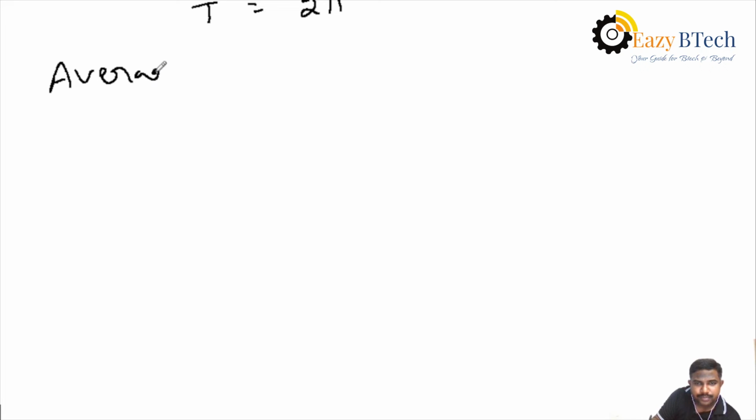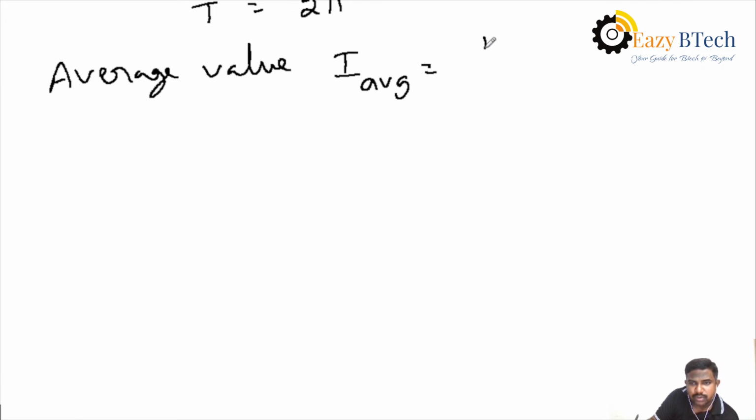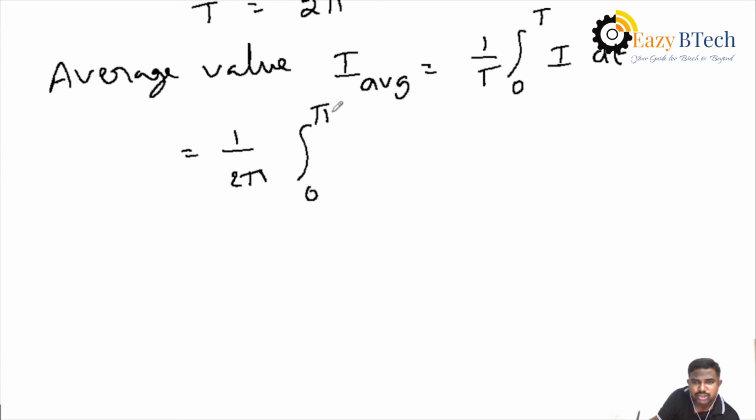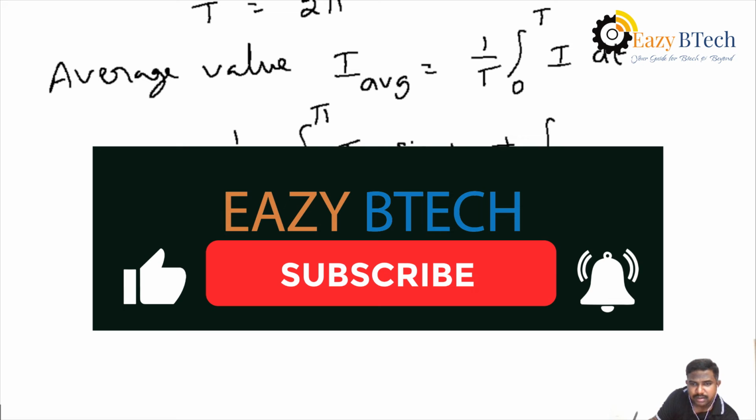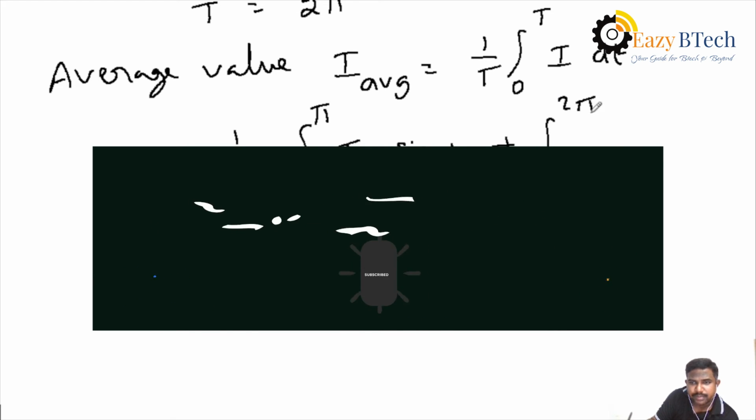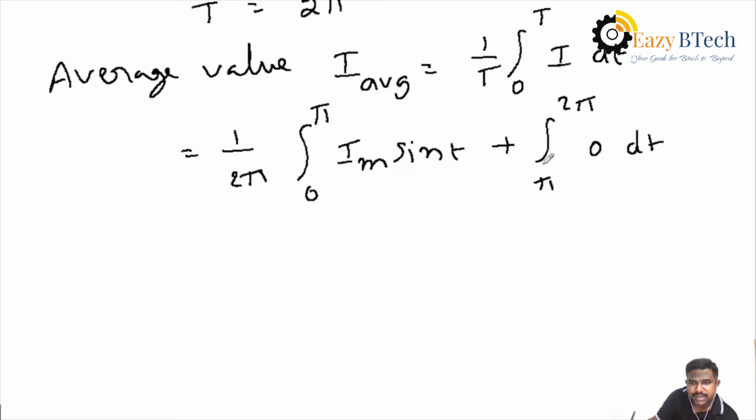Therefore, average value equals, we know the formula, 1 by T integration 0 to T of I dt, that is 1 by 2 pi. Then we have two ranges here: 0 to pi, the value is Im sin t, plus the other range pi to 2 pi, the value is 0, dt.